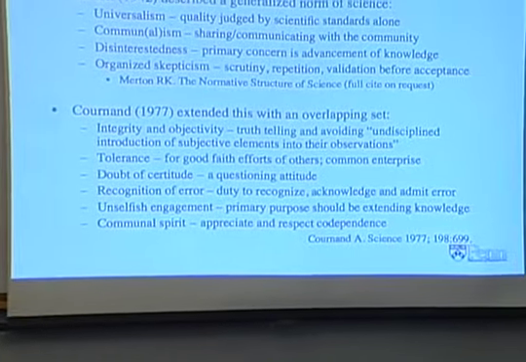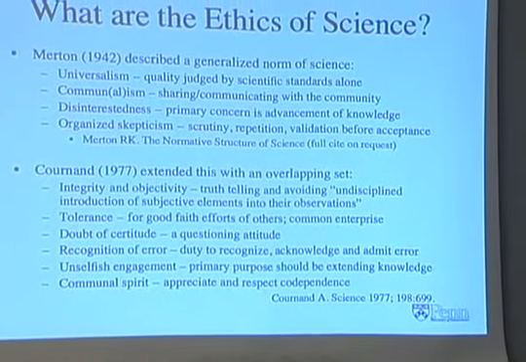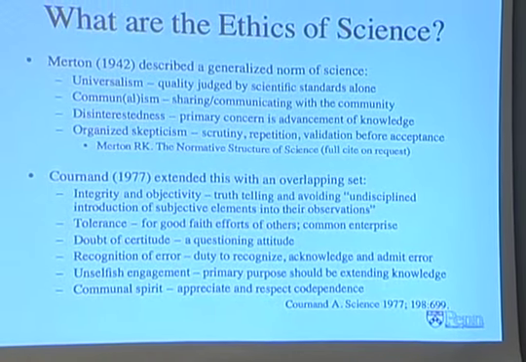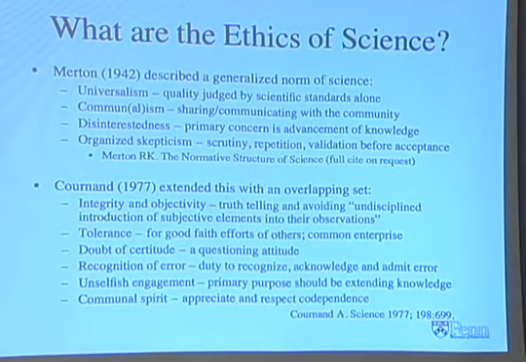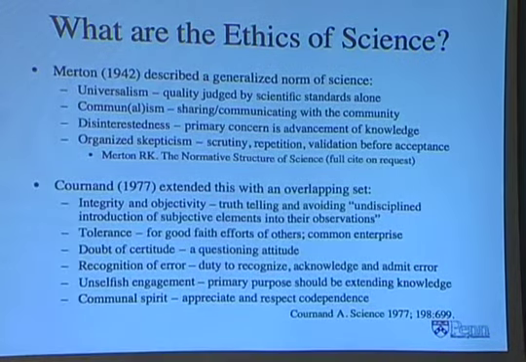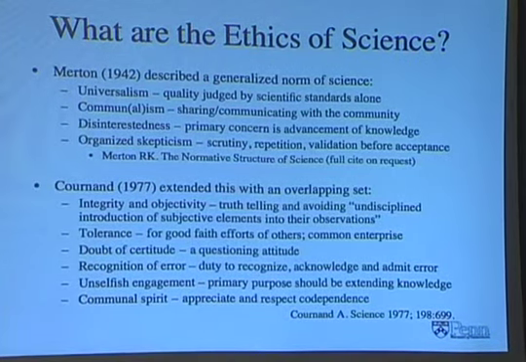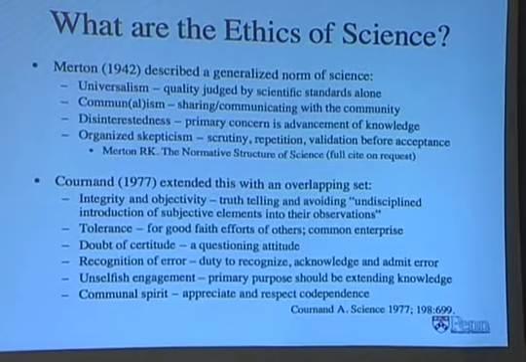So it's truth-telling and avoiding what he called undisciplined introduction of subjective elements into observations, which when we talk about conflicts of interest, you can think about that. Tolerance is a good faith effort of recognizing the good faith efforts of others, and that you're in a common enterprise to reveal the truth.